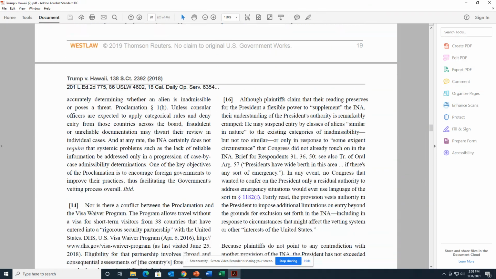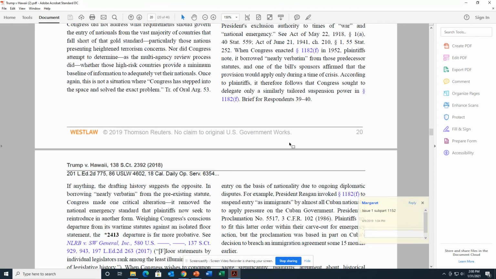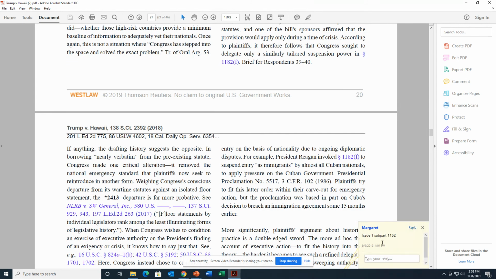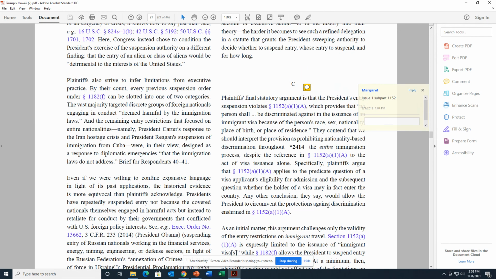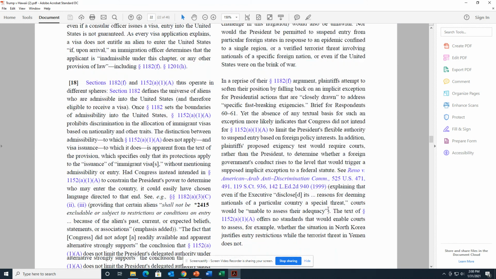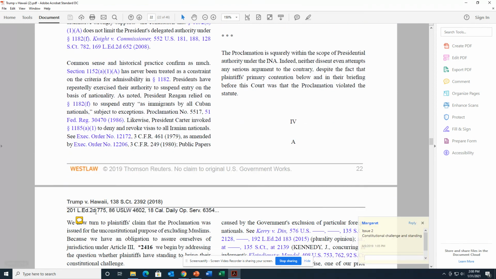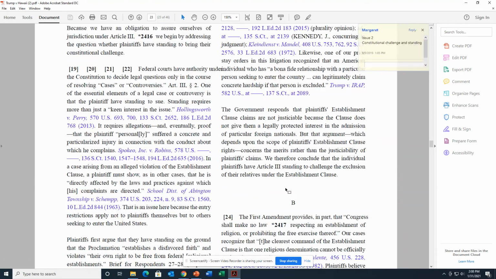And this is my analysis in here. So yeah, issue 1, this is subpart 152. What's this one? Issue 2, the constitutional challenge and standing.